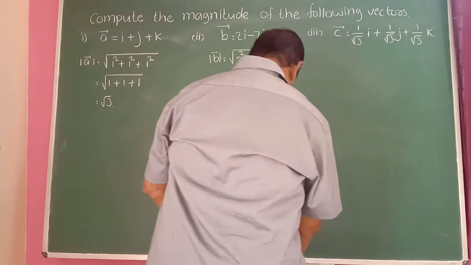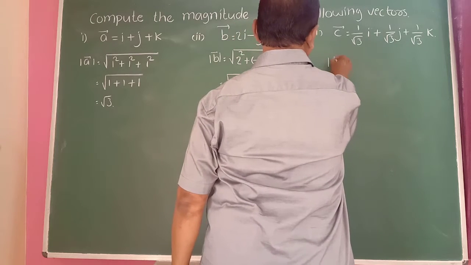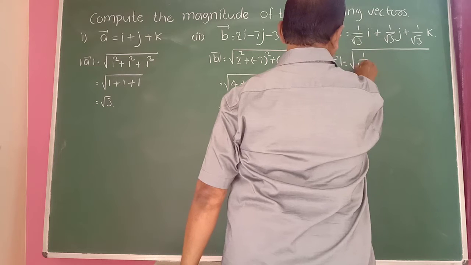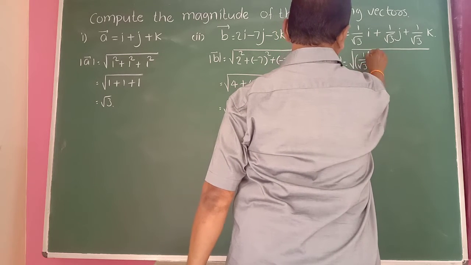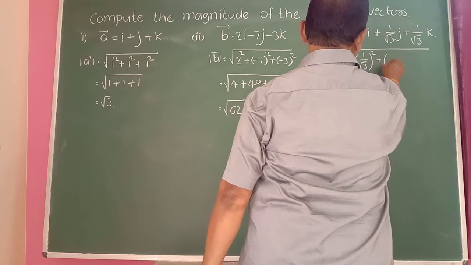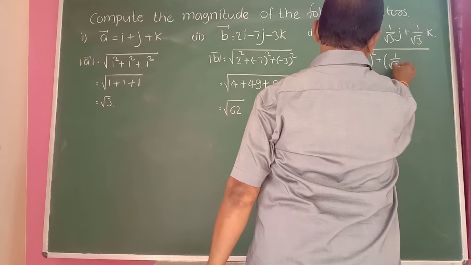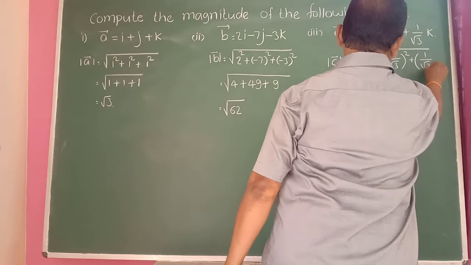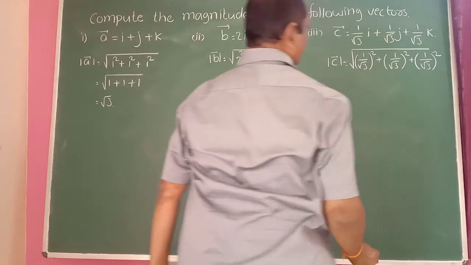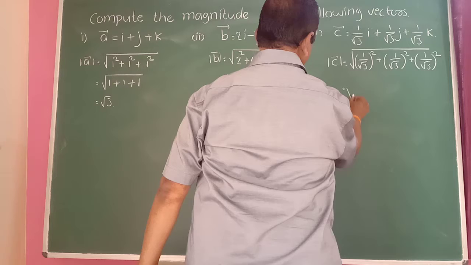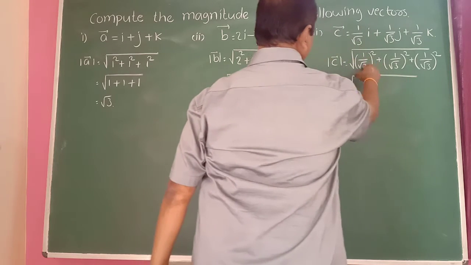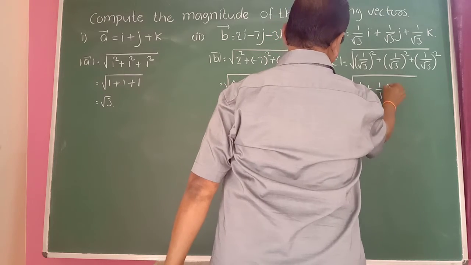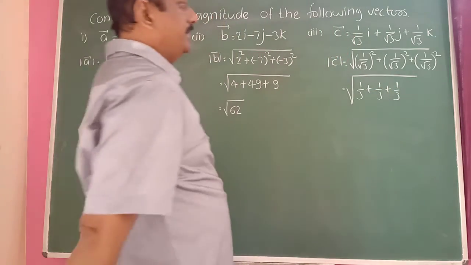Similarly, the magnitude of the third vector, modulus of c bar, is the root of 1 upon root 3 whole square plus 1 divided by root 3 whole square plus 1 divided by root 3 whole square. Therefore, this is equal to root of 1 by root 3 square is 1 upon 3, plus 1 upon 3, plus 1 divided by 3.